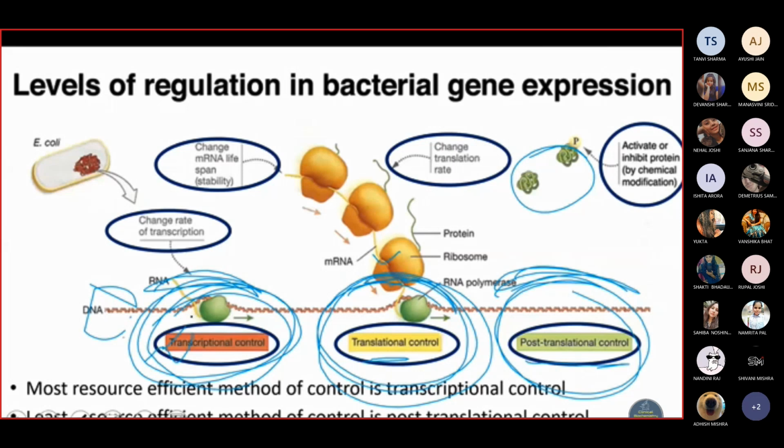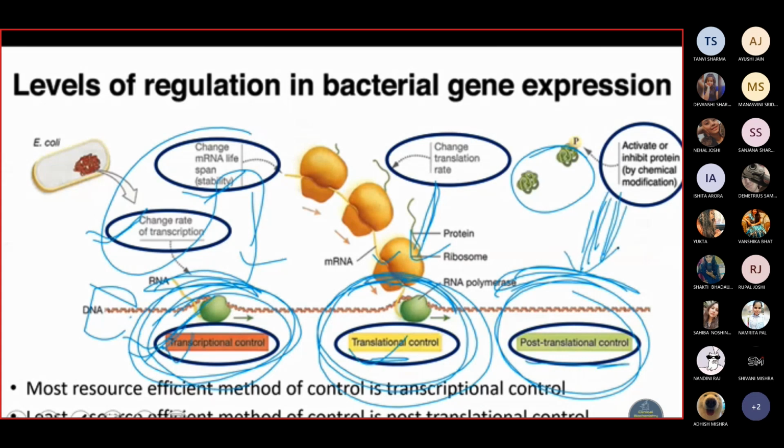So when we regulate at the transcription level, this can be either changing the rate of transcription, meaning it will be faster or slower, or the stability of messenger RNA; these two are normally part of transcription regulation. A change in the translation rate, meaning protein synthesis speed, will be translational regulation. And when the protein is inactivated or degraded, that is this one.